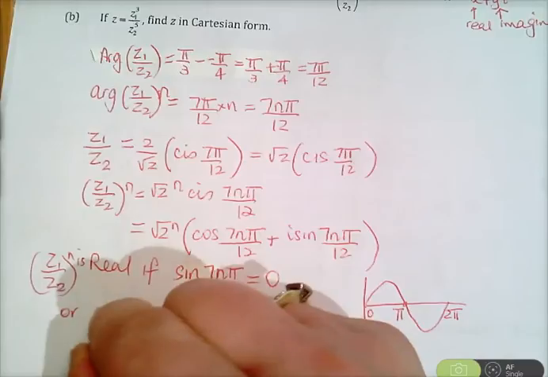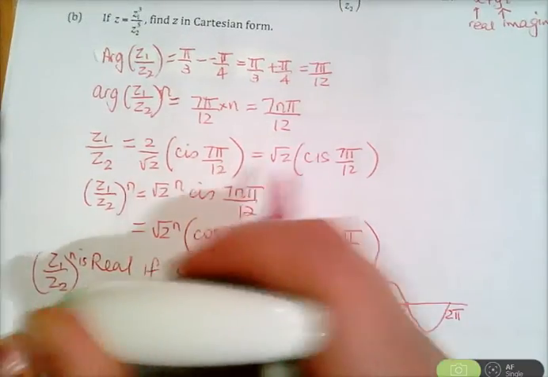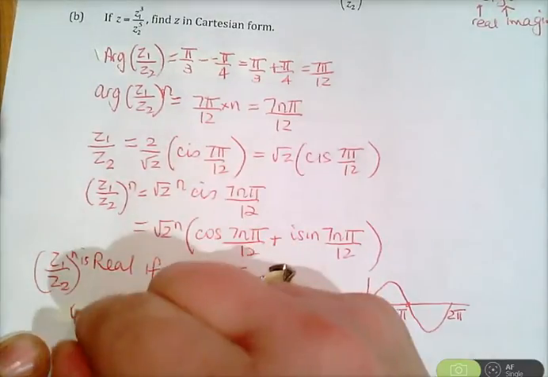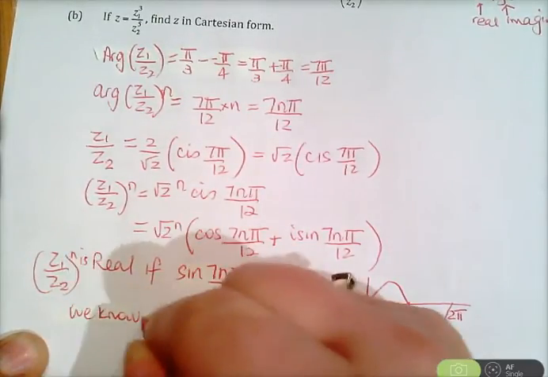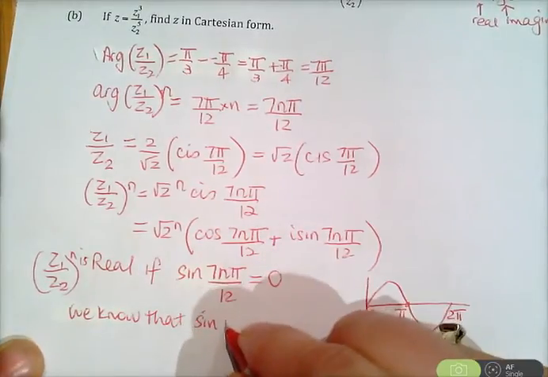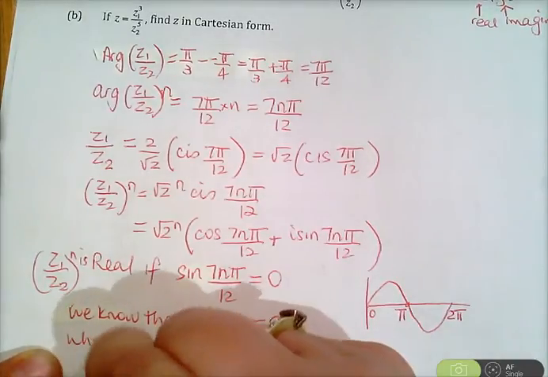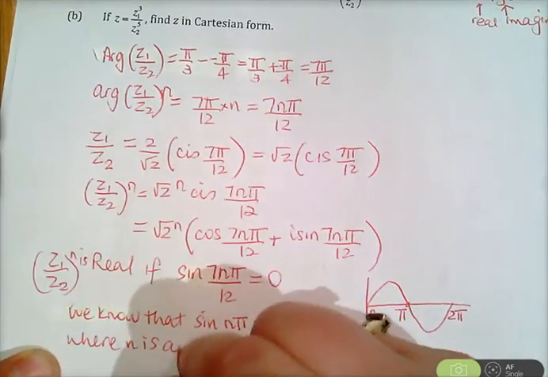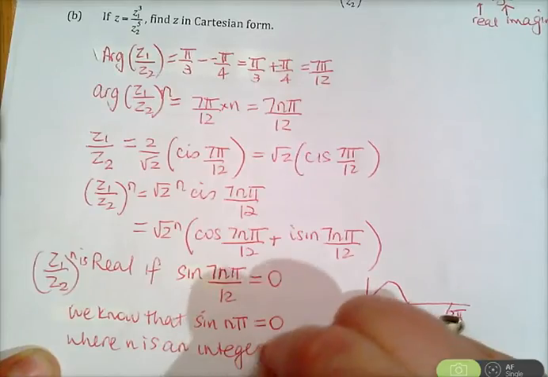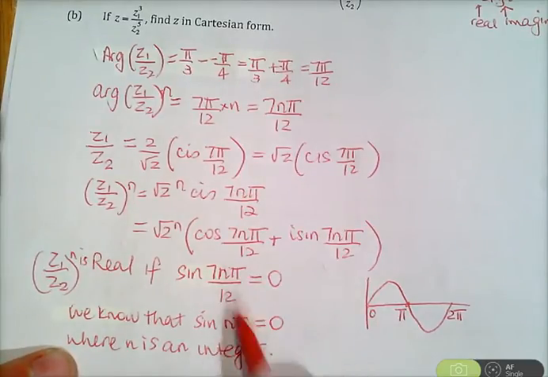Actually, what I'll write here is, we know that sine of nπ equals 0, where n is an integer. So therefore you need integer multiples of π, thus making our imaginary part here equal to 0.